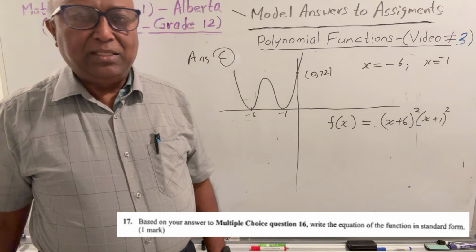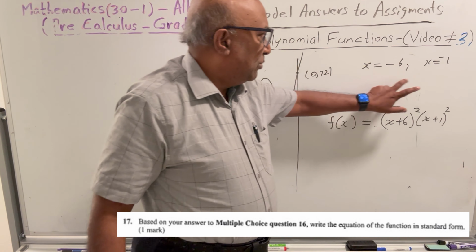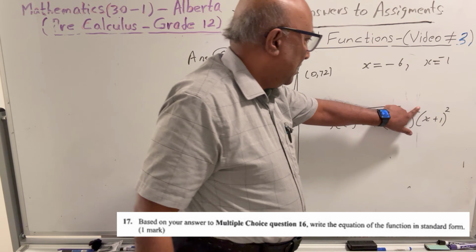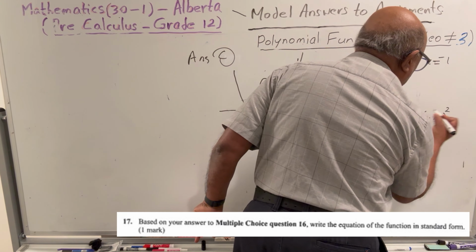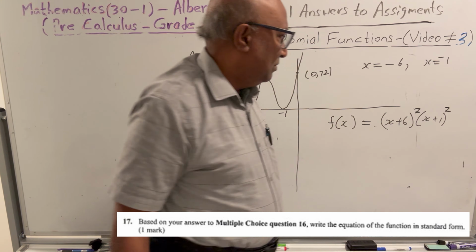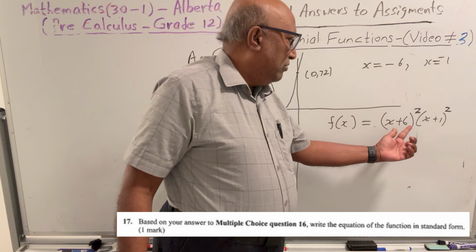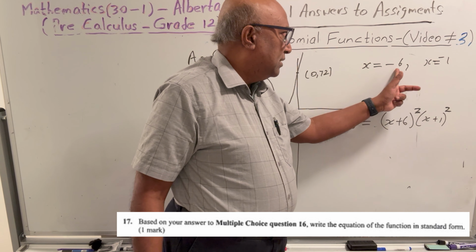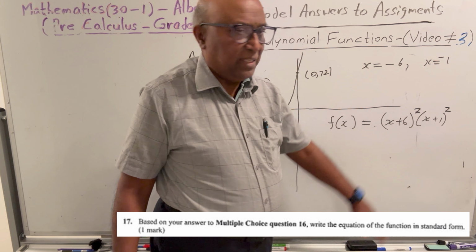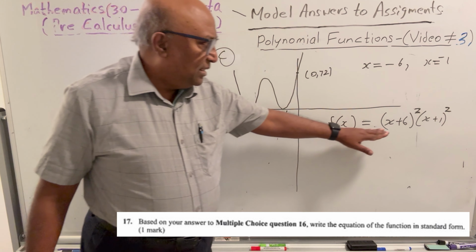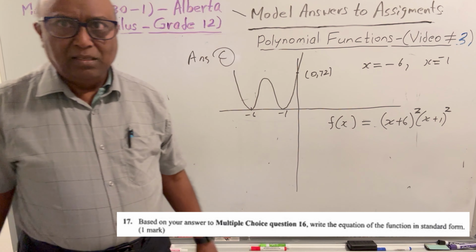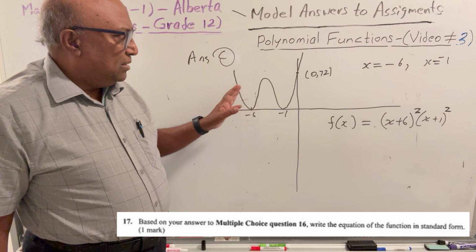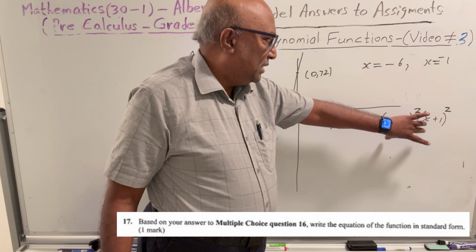In order to have this multiplicity of 2, you introduce the square here. Again, when you set this to 0, you get these zeros again. That is just verification. This is the basic form of the function. Actually, this is valid only for the shape of the function.